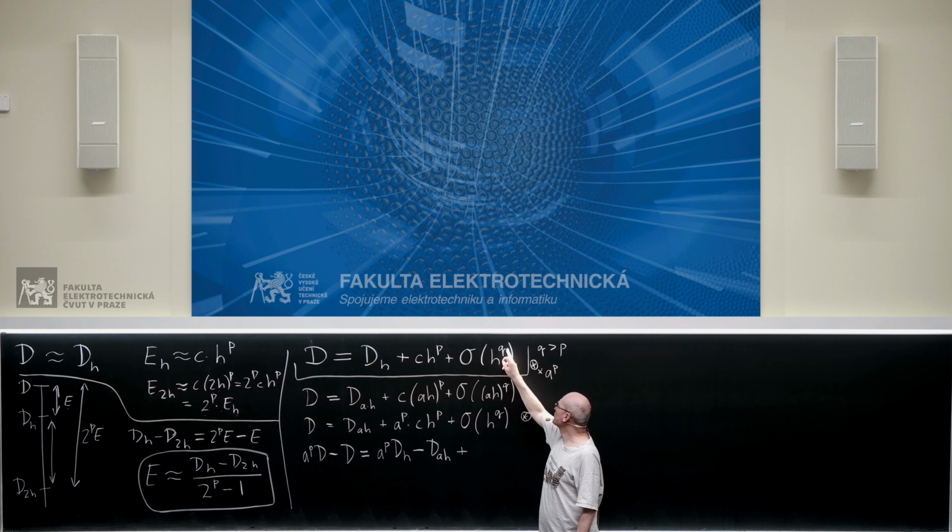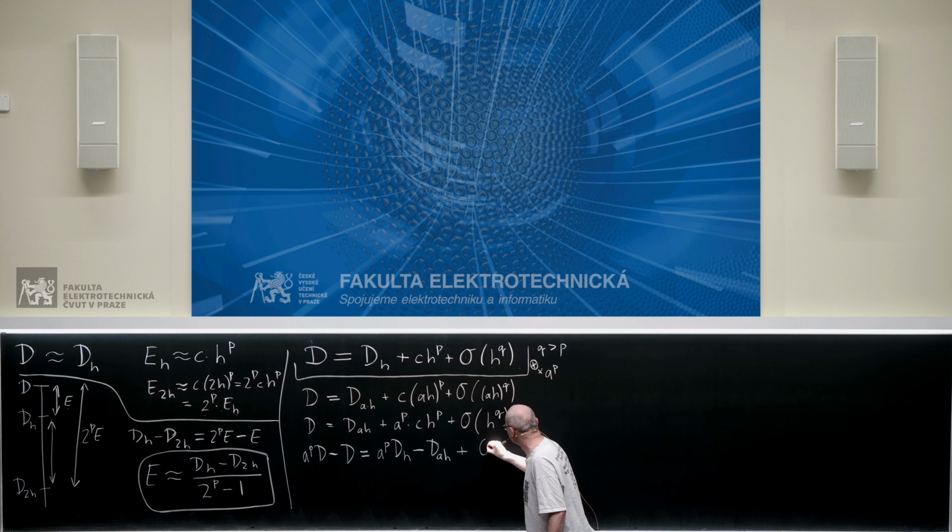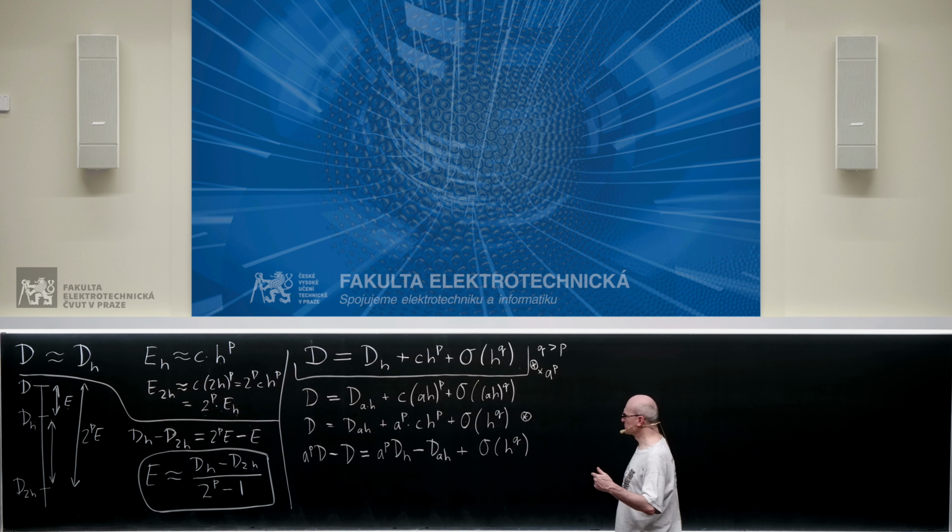This should not change the order of growth or order of disappearance. So this big O simply swallows a to p, and it pretends that it's not there. And then I'm subtracting another O(h to q). And when I'm subtracting two big O terms, we already saw it before, this just gets preserved. It will be another tail, but the rate of growth should still be h to q.